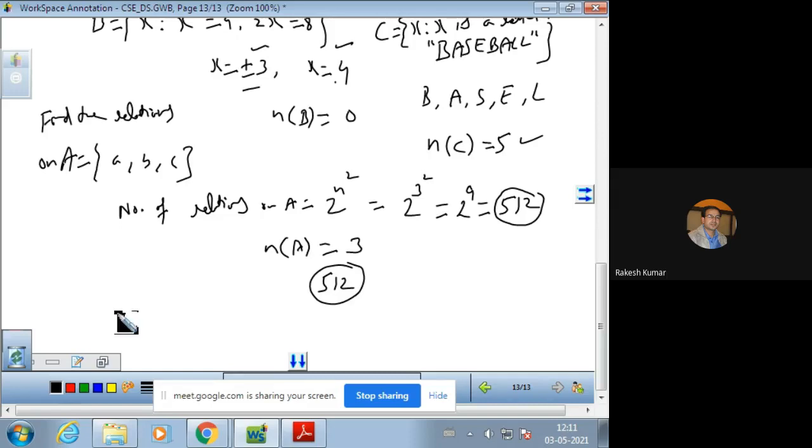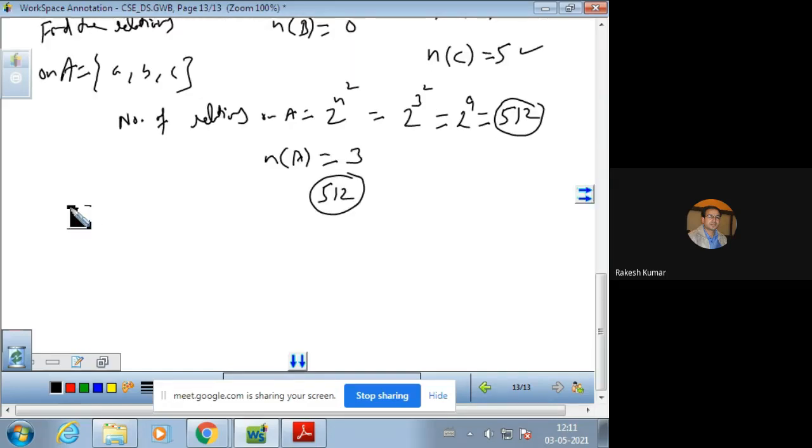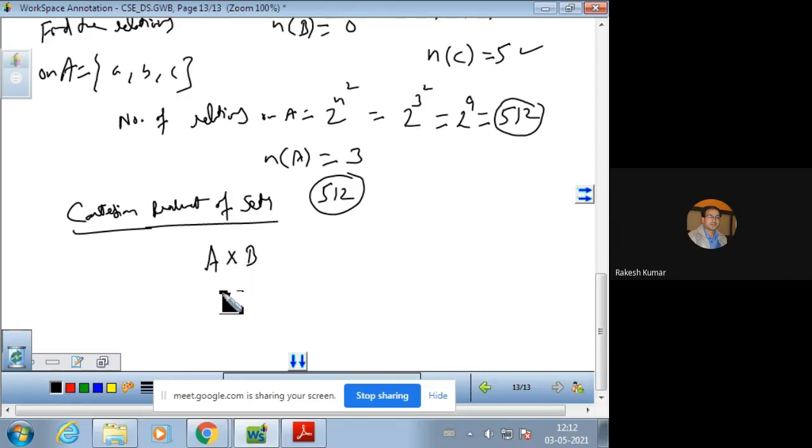Now next we have the Cartesian product of sets. Suppose we have two sets A and B, then we can find the Cartesian product of A and B, and this will be the collection of the set of ordered pairs x, y, such that x belongs to the first set and y belongs to the second set.